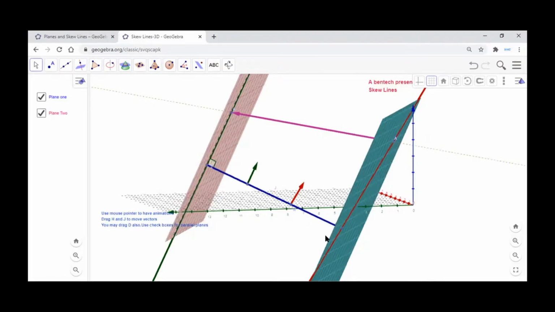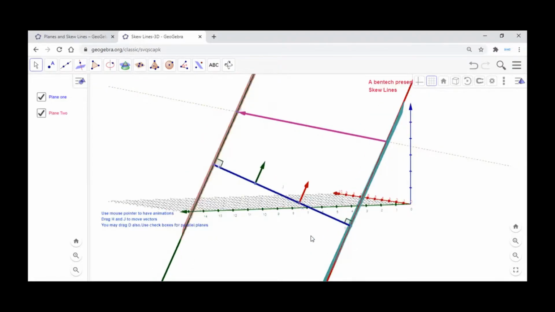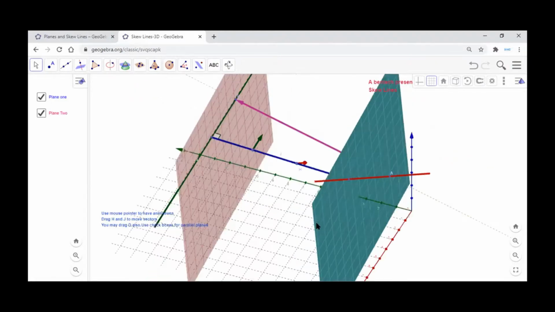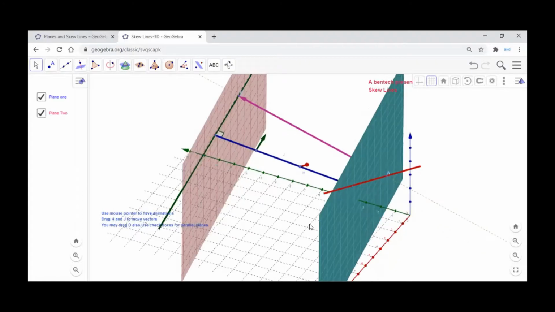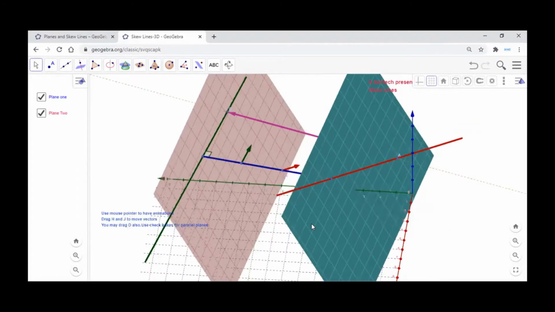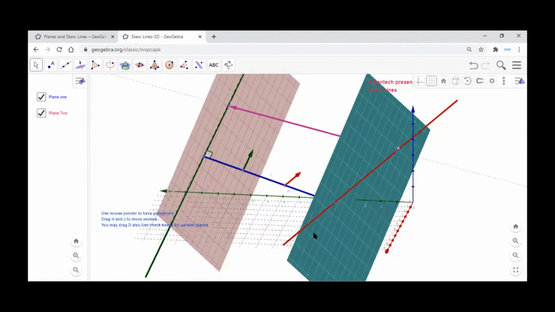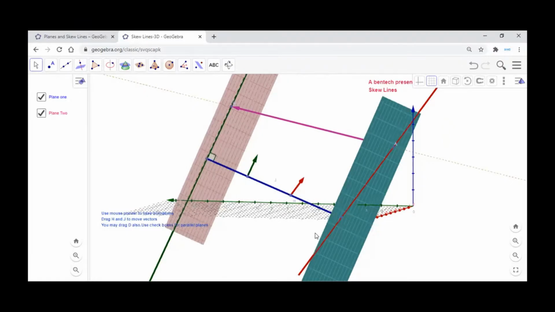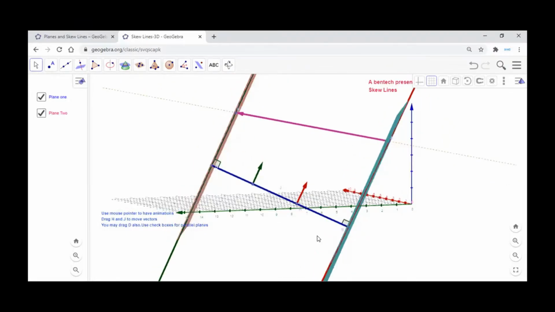And obviously skew lines are not in the same plane, because if you take two lines in the same plane, they will either intersect each other, and if they do not intersect each other, they will be parallel to each other. Also here you see this common perpendicular to both the lines.